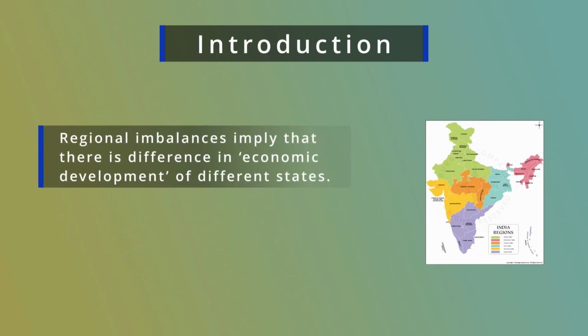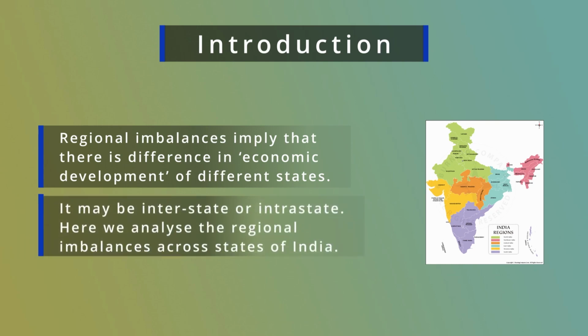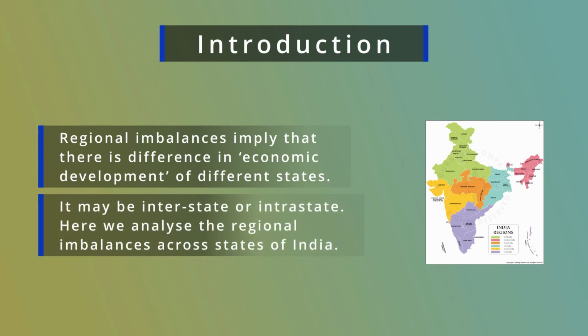Whereas regional imbalances means the variation of the status of development across different regions. Here we will mainly discuss the regional imbalances in respect of the states of India, that is, the variation of the development status of different states in India.